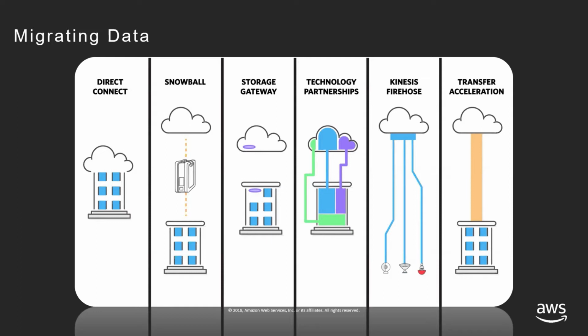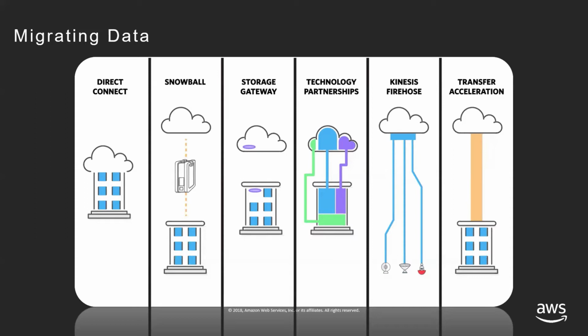Storage Gateway is an option where you will launch a virtual machine on your on-premise network and start backing your data into mounted volumes offered by the Storage Gateway, which is then replicated up to S3 in AWS.